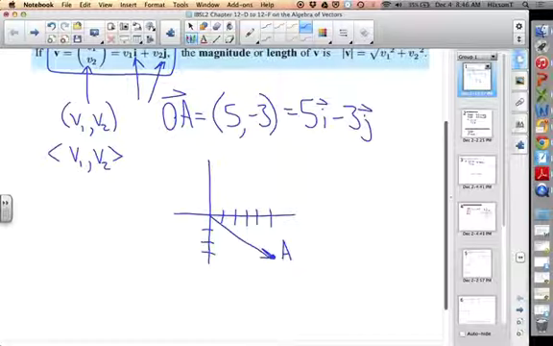Yes? The vector signs over i and j, is that necessary? Yeah, because remember these are the unit vectors. i is the vector 1, 0, and j is the vector 0, 1. You don't see it here because I know it's hard to tell, but the i and the j up here are in bold print. Oh, I see.